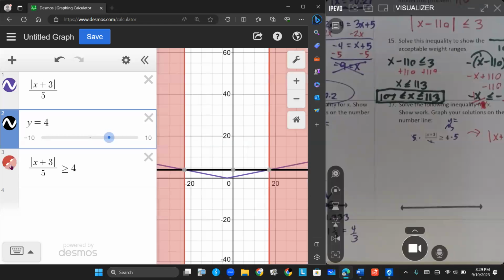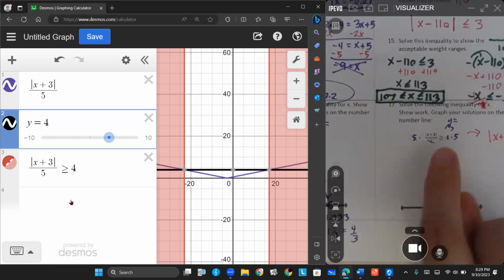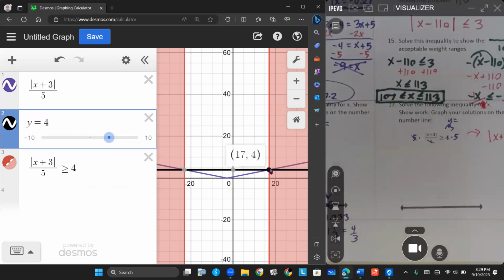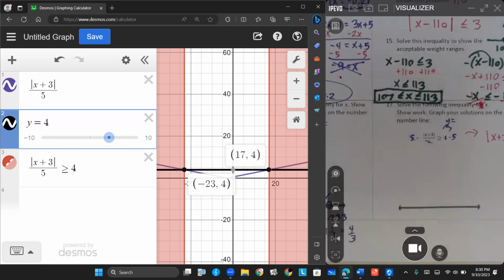Now, if I show the shading, you're going to see that it's shading to the right of this value of x, which is 17, and to the left of negative 23. And that solid line means that it's going to include those numbers. So number line wise, it's going to look like this.